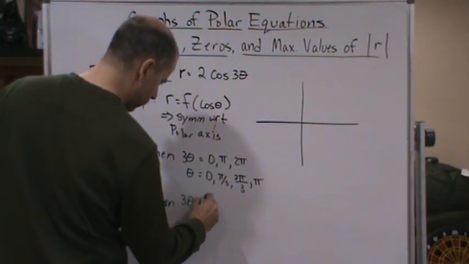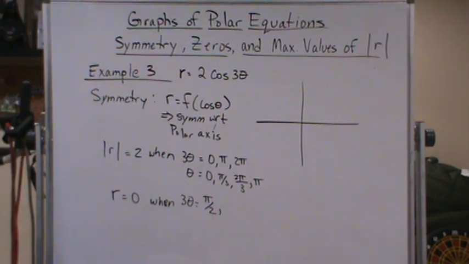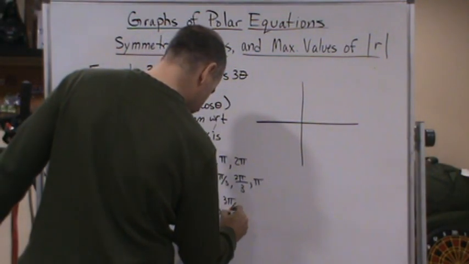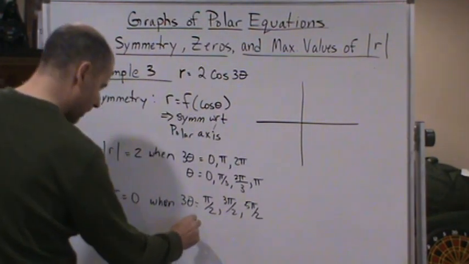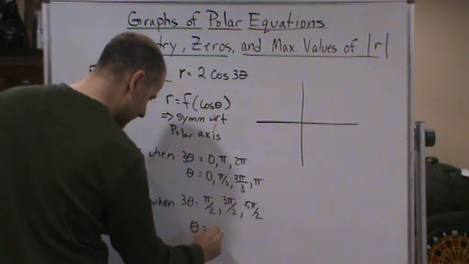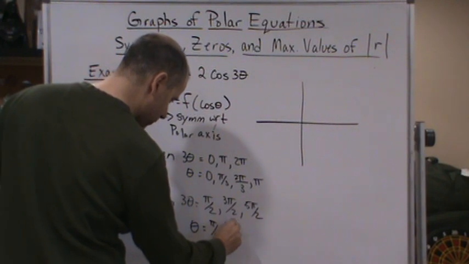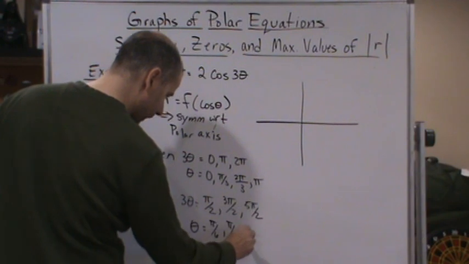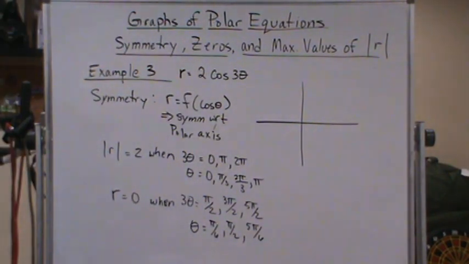So when 3 theta is equal to pi over 2, 3 pi over 2, 5 pi over 2, and so on. So that means that when theta is equal to pi over 6, pi over 2, 5 pi over 6, right?